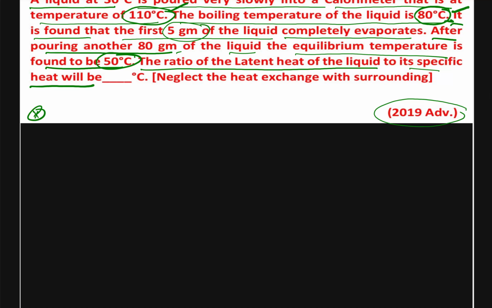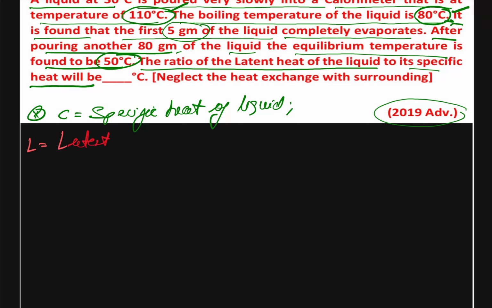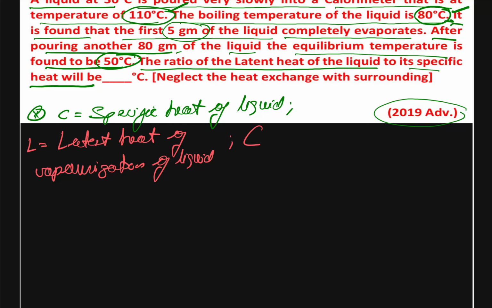Let us assume that small c is the specific heat of the liquid, capital L is the latent heat of vaporization of the liquid, and capital C is the heat capacity of the calorimeter.